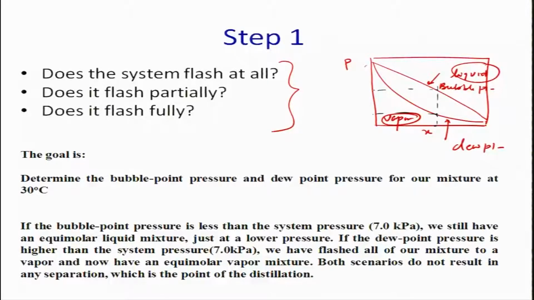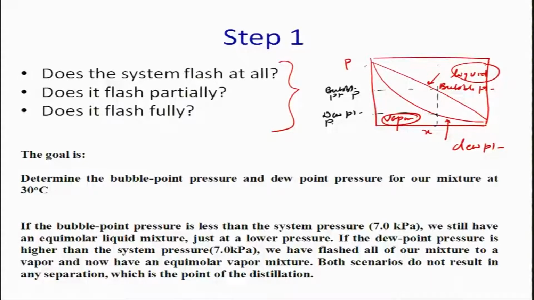This will be your bubble point pressure corresponding to equimolar composition, and this will be your dew point pressure. If the final pressure is in between those, then the system is going to segregate into liquid and vapor. If it is more than that, somewhere here, then it will stay in the liquid phase. If it is less, it is vapor phase.